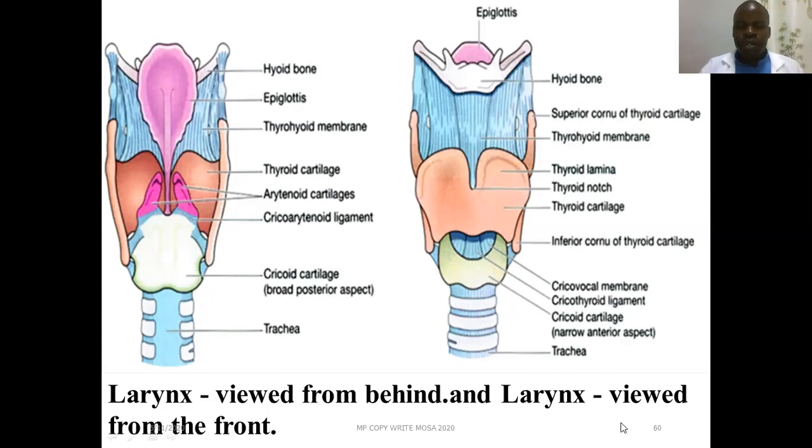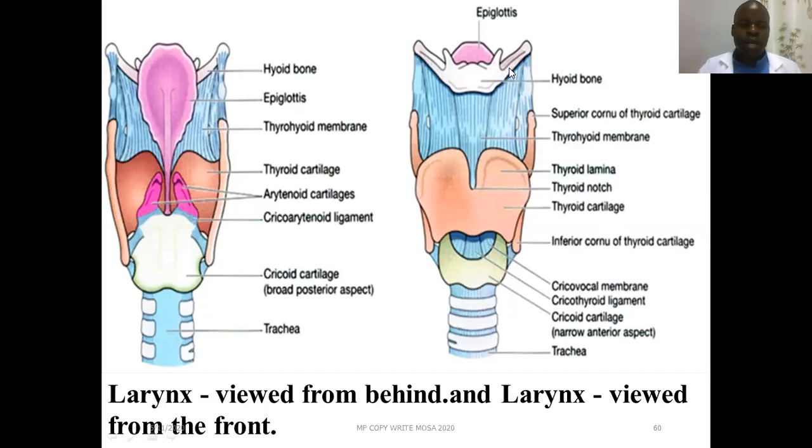The same diagram is shown on the other side of the trachea. Narrow anterior aspect, the cricoid cartilage, the cricothyroid ligament, the cricotracheal membrane, the inferior horn of the thyroid cartilage. We also have the thyroid cartilage, the thyroid lamina, thyroid membrane, the superior horn of the thyroid cartilage, and the hyoid bone. That is the epiglottis, which is being shown there.